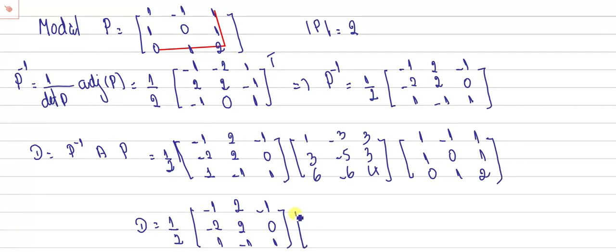And this one multiply this one is 3, 1 minus 3 is minus 2, minus 1, 0, and 3 is 2, 1 minus 3 is minus 2, minus 2 and 6 is 4, 4.